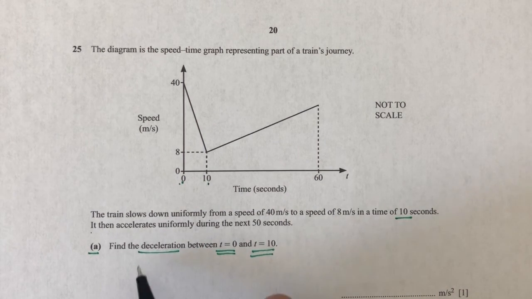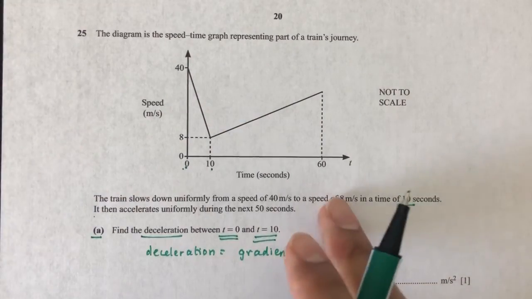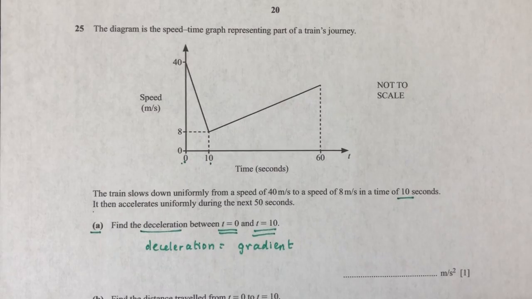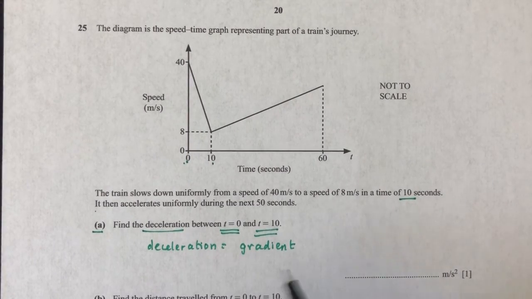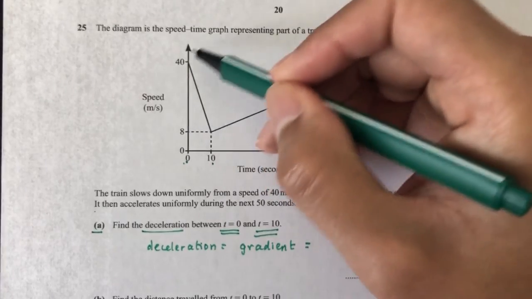So we know that deceleration is equal to the gradient of the graph. Whenever we have a speed-time graph, the gradient of the graph is the deceleration. So we have to find the height of the triangle. This is the triangle.